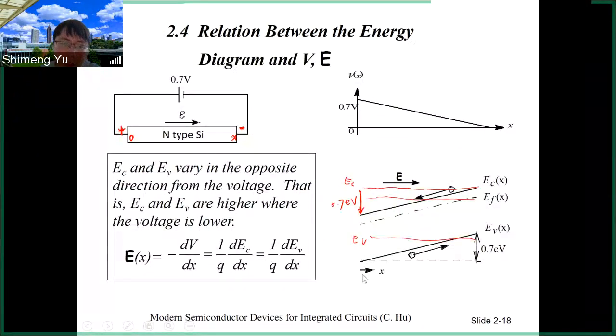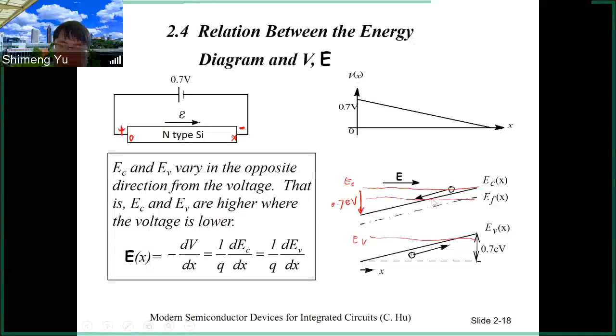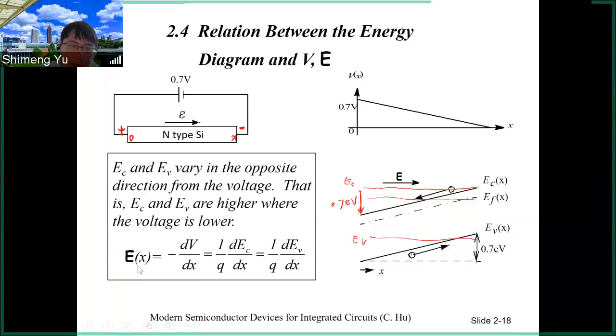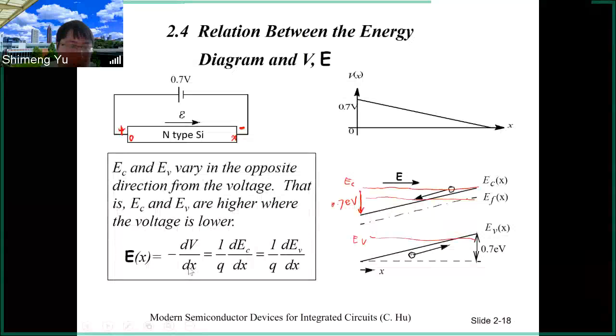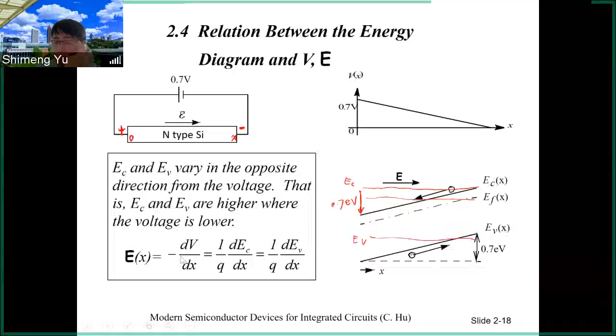And then we want to argue that the slope of this band is actually the electric field. So why is that? The electric field is, by definition, the voltage derivative with respect to the distance, dV divided by dx, and then you take the negative sign here, by definition.